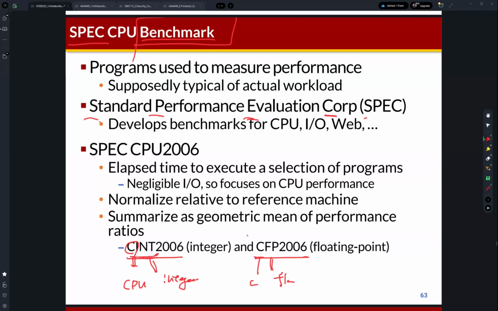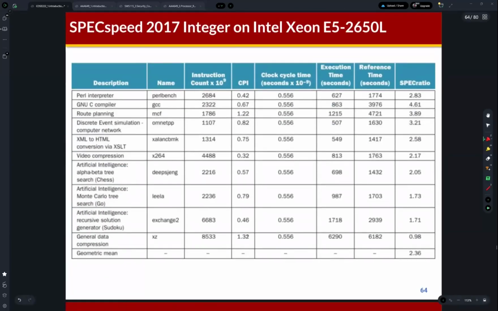In order to measure the performance of floating point arithmetic, we can use the CFP. Okay? And recently, the most recent version of SPEC benchmark is 2017.